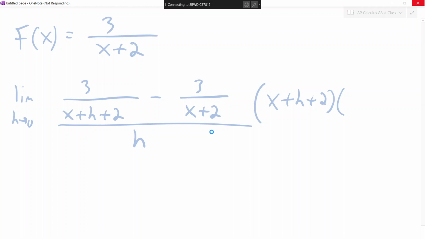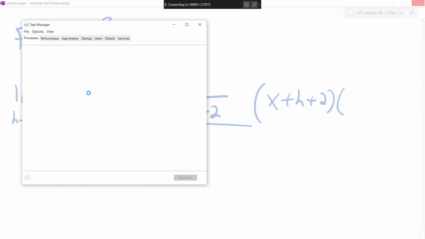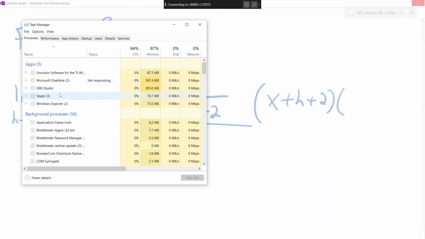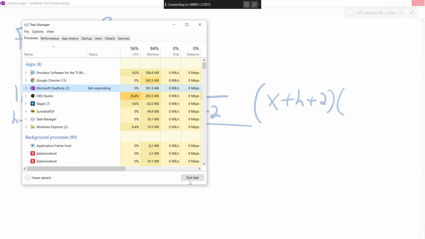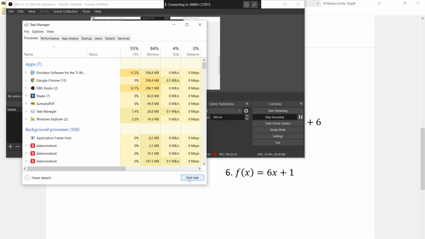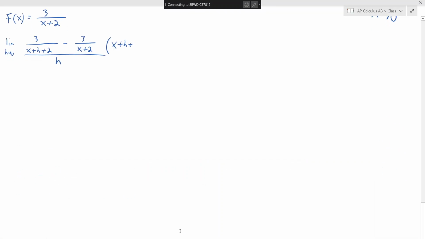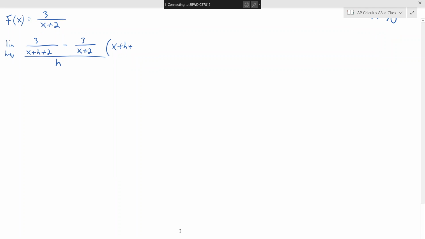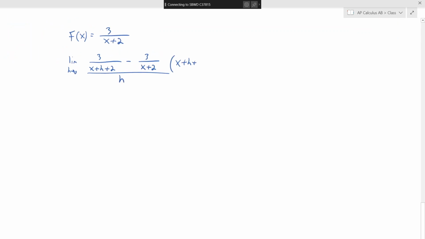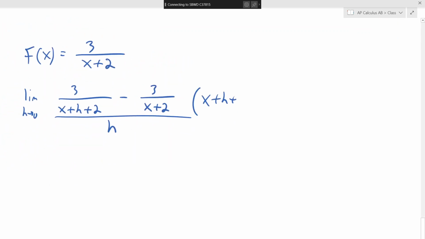Okay, here we go. We're just hanging out here in the portable, doing math. Ending task on OneNote. There we are. We're still recording, excellent. I've changed all the settings in here. Maybe I got too much going on for OneNote to handle. You can't handle this math. Anyway.